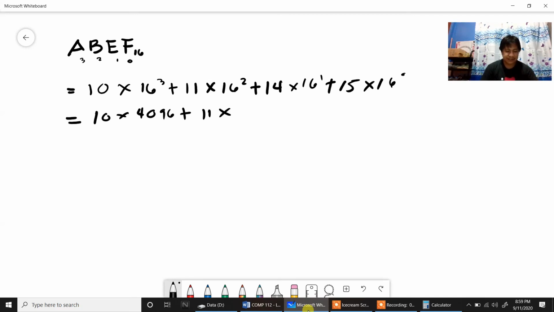Wait, 16 times 16 is equal to 256. Let me check to be sure. Then we have 14 times 16 is 224. Since it is not multiplied by itself, we just multiply 14 times 16. So we get 224 plus 15.